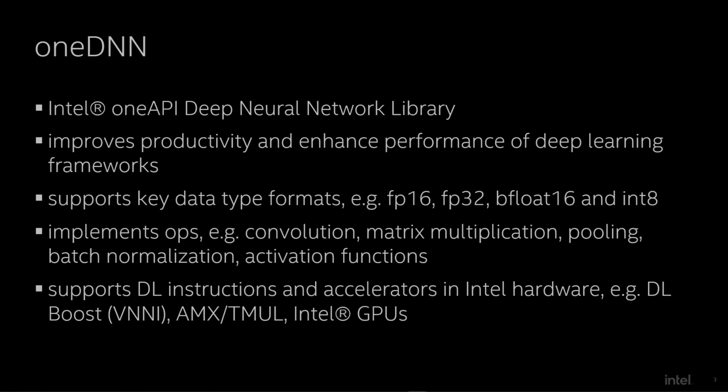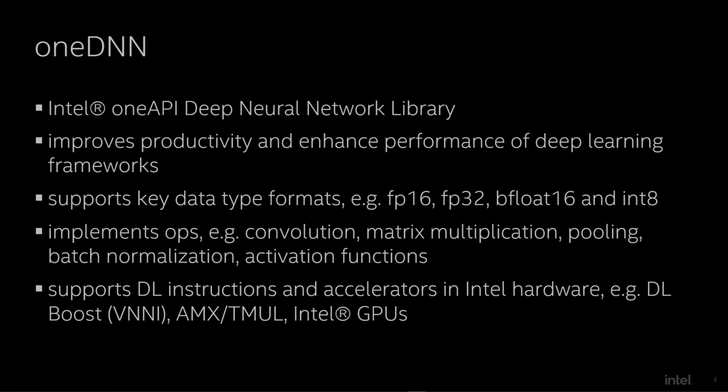This library supports key data type formats that are used in deep learning, such as FP16, FP32, bfloat16, and int8. And it implements a variety of operations that are computationally intensive and prevalent in DL graphs, such as convolution and matrix multiplication.